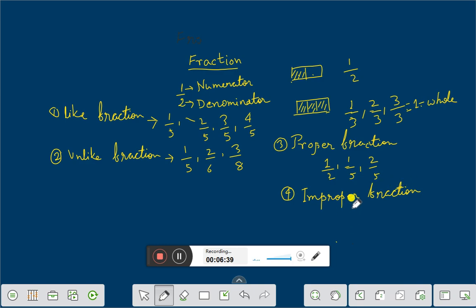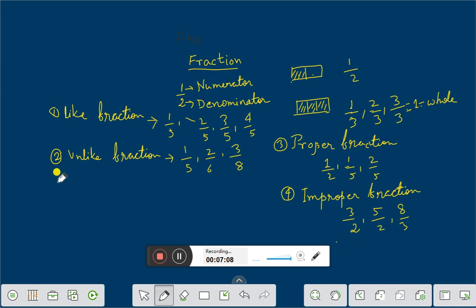Improper fractions are like this, suppose 3 by 2, or you can say 5 by 2. These are improper fractions. Or 8 by 3. If the numerator is greater than the denominator, these are known as improper fractions.